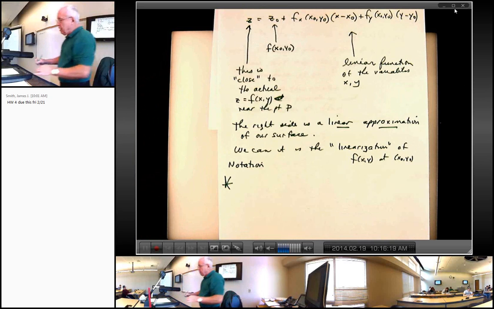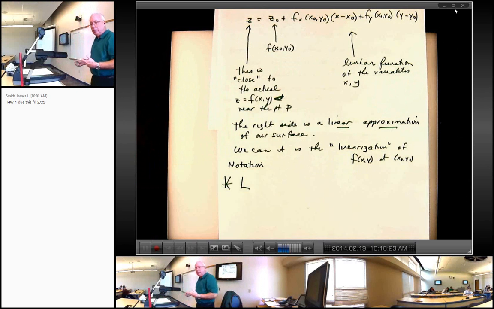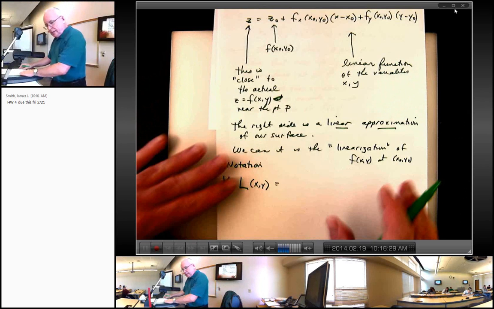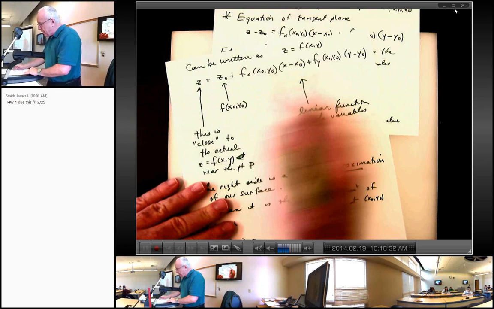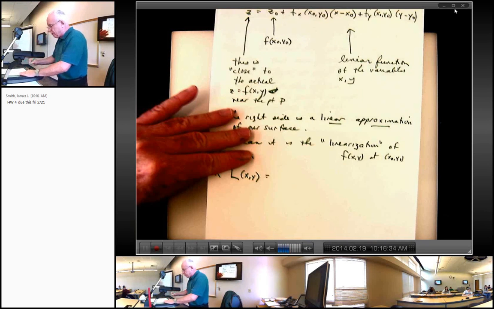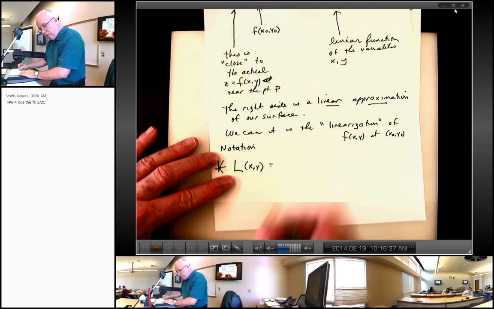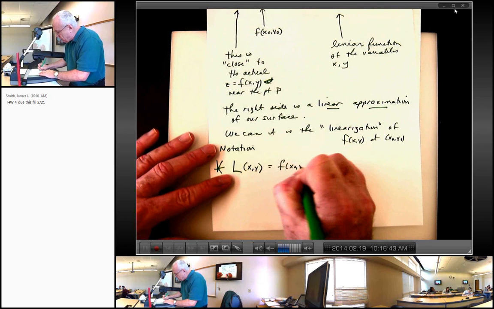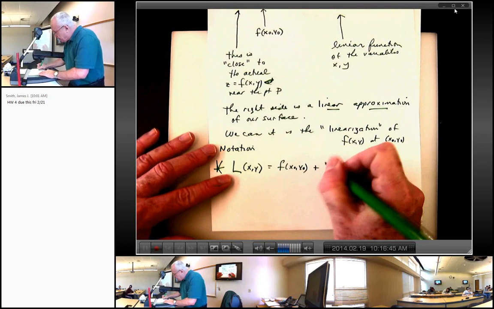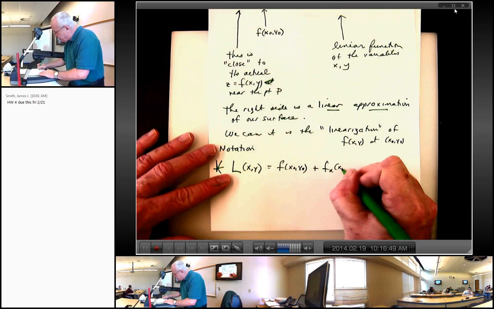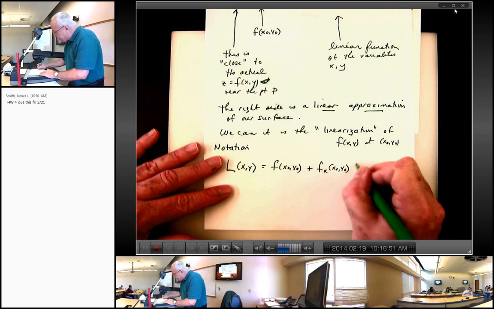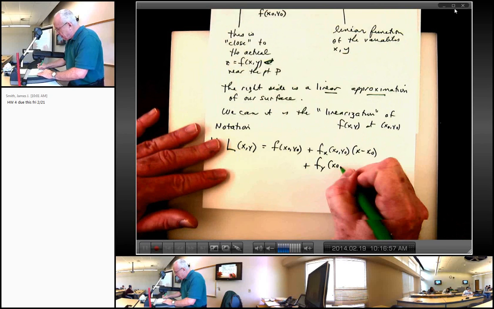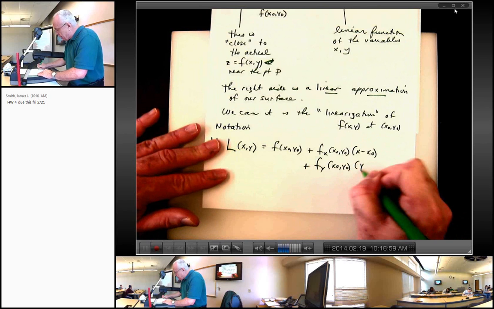We put capital L for linear, and it's a function of x and y. This linearization of our surface is this: f at x naught, y naught, plus the partial derivative with respect to x, evaluated at x naught, y naught, times x minus x naught, plus the partial with respect to y, again at x naught, y naught, times y minus y naught.